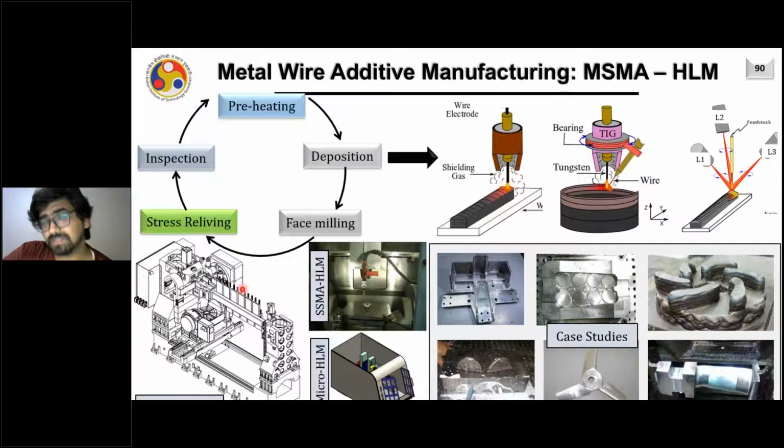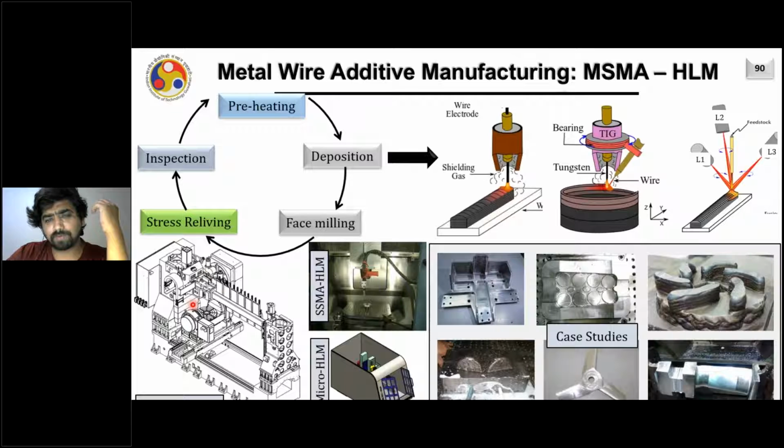These are the multi-station systems which I developed in my PhD, and it is right now under development in IIT Bombay, where you can see that there is a rotary table and a linear axis where the part is mounted over it, and it can shuttle between different workstations. These workstations could be like deposition unit, face milling unit, stress relieving unit, inspection unit, and preheating unit.